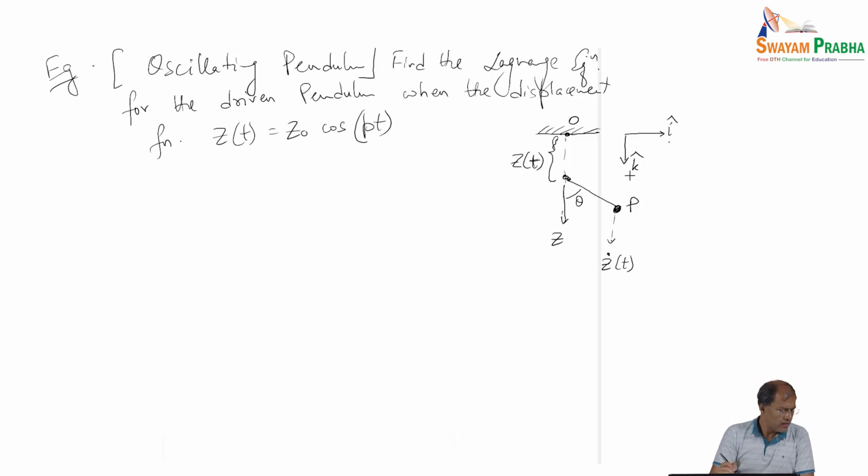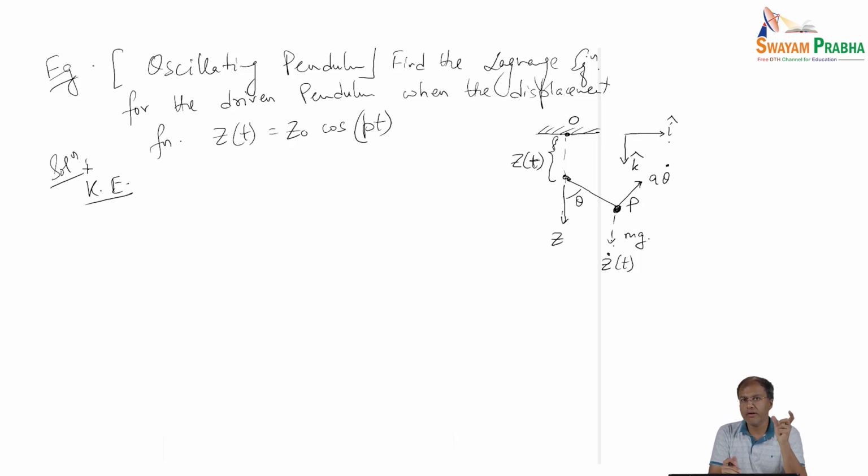Now we can see that this moving pendulum is acted upon by a weight of mg, but it is also rotating about this moving support. Let us say the tangential velocity of this rotation will be a theta dot. So we can now write the kinetic energy of the system. Before we move ahead, I am sure to all the listeners that this is a case of a non-holonomic system.